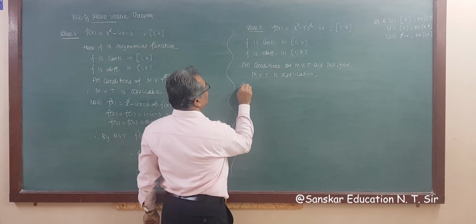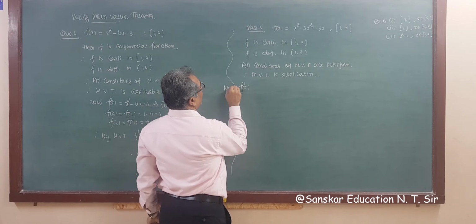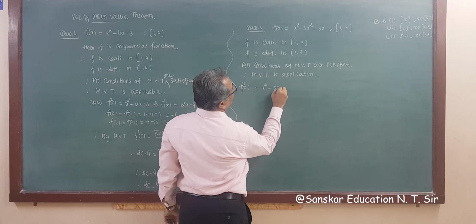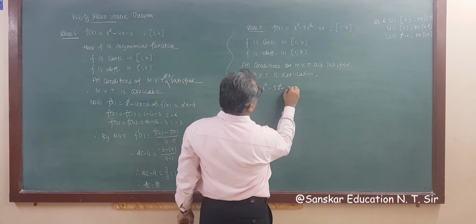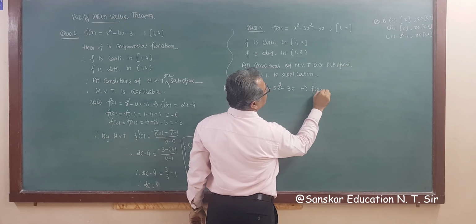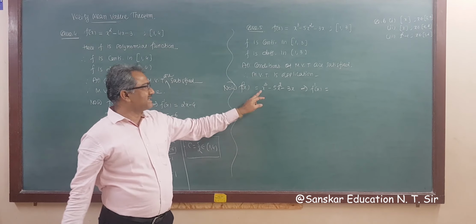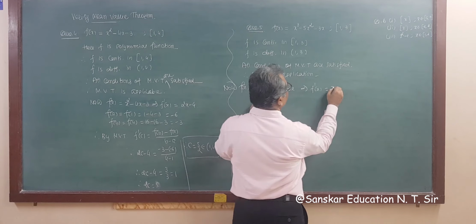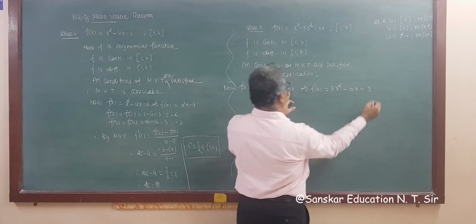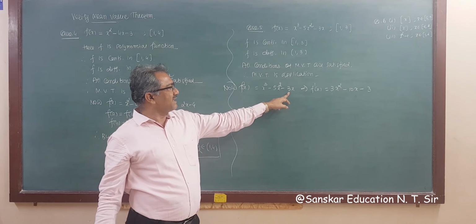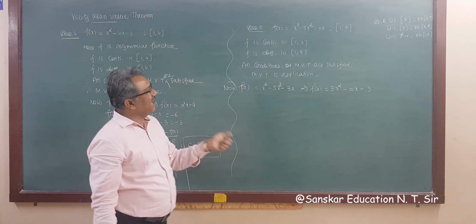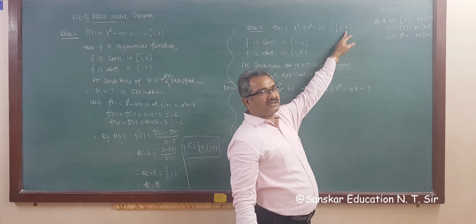So f(x) is equal to x cubed minus 5x squared minus 3x. So derivative of this, that is f dash x is equal to 3x squared minus 10x minus 3. Then f(a) and f(b): a is 1, b is 3, right?